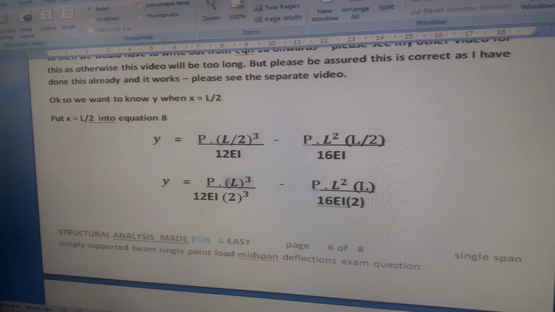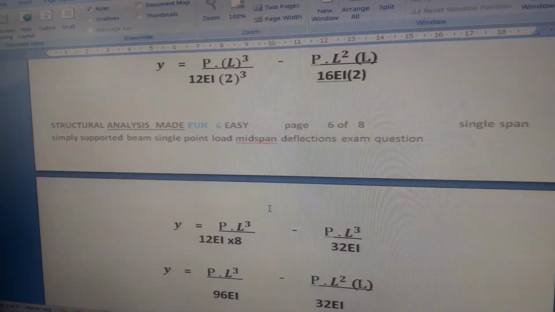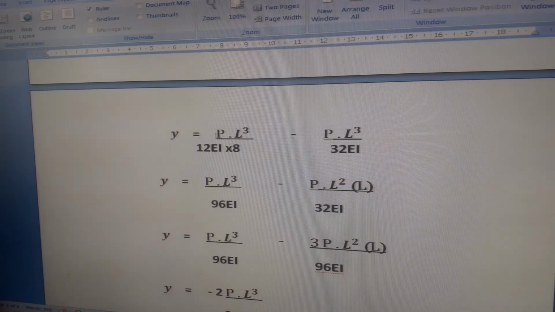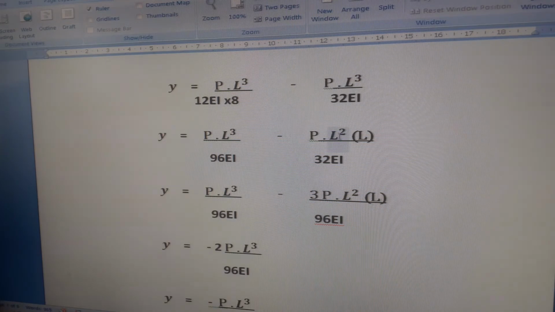Therefore y is equal to p L cubed divided by 12 EI times 2 to the power of 3, which is 8, minus p L squared L divided by 16 EI times 2, because L over 2, the 2 goes to the bottom. That gives y equals p L cubed divided by 12 EI times 8 minus p L cubed over 32 EI.